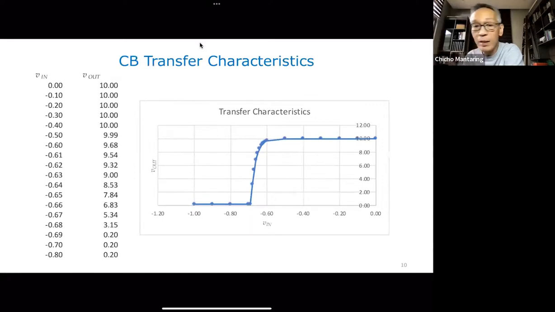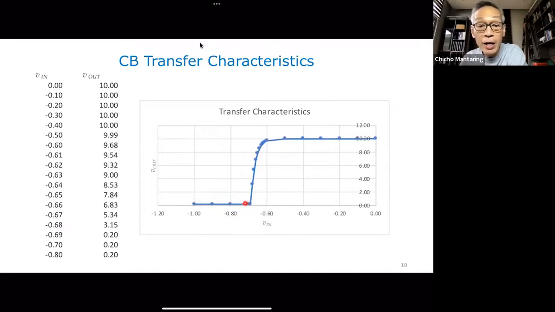So anyway, I completed the plot. So these are your common base transfer characteristic curves. What I did is I plotted the output from inputs from negative 1 volt all the way to 0 volt. Pero like I said, actually hindi mo na dapat i-operate dito yan, ano?